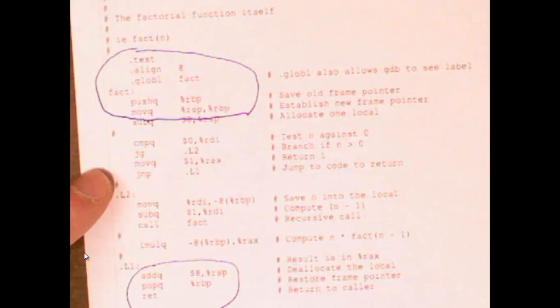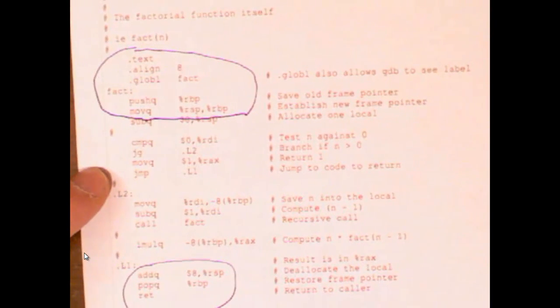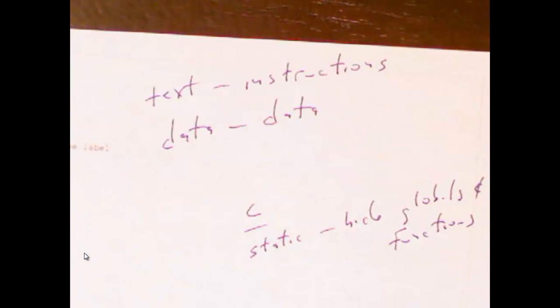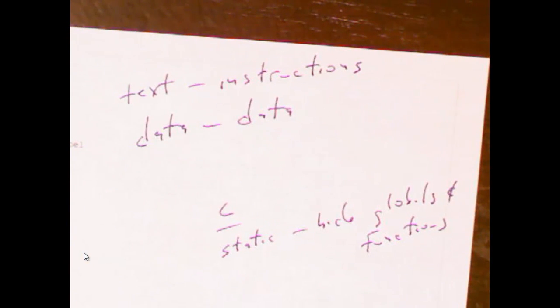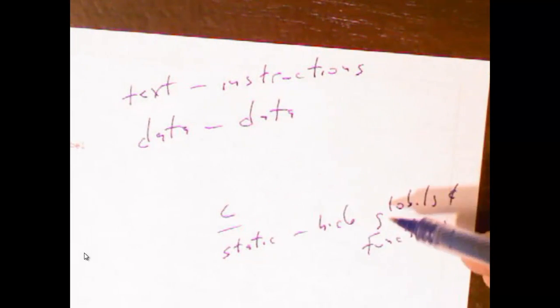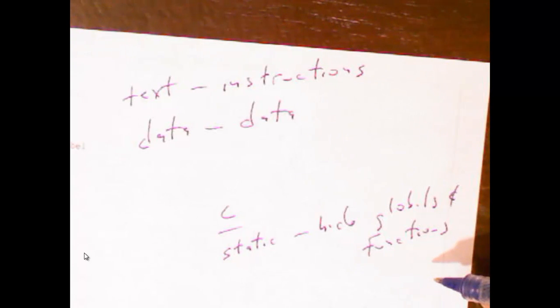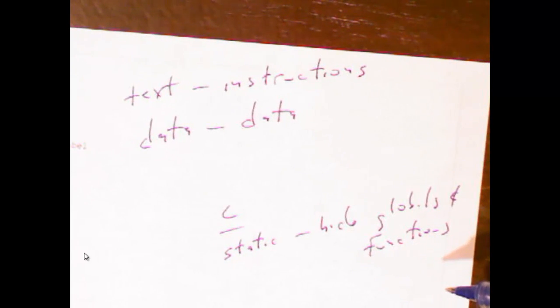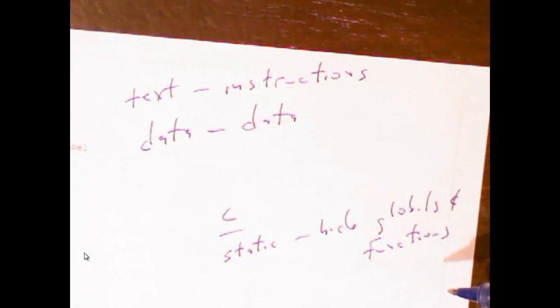In C, we use the static keyword to hide globals and functions, because the default is to make them visible, right?